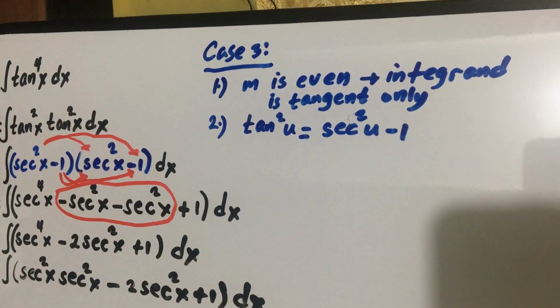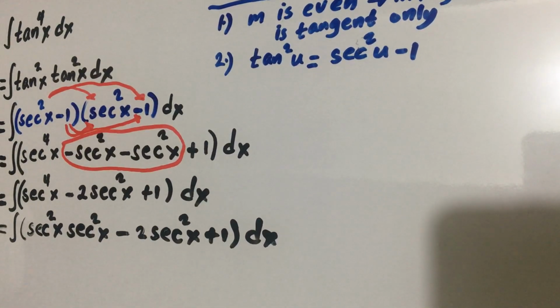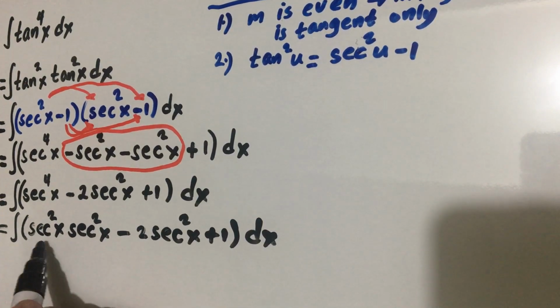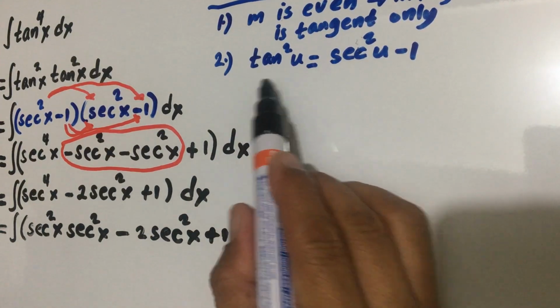Then after that, we can change this in terms of tangent using this identity.